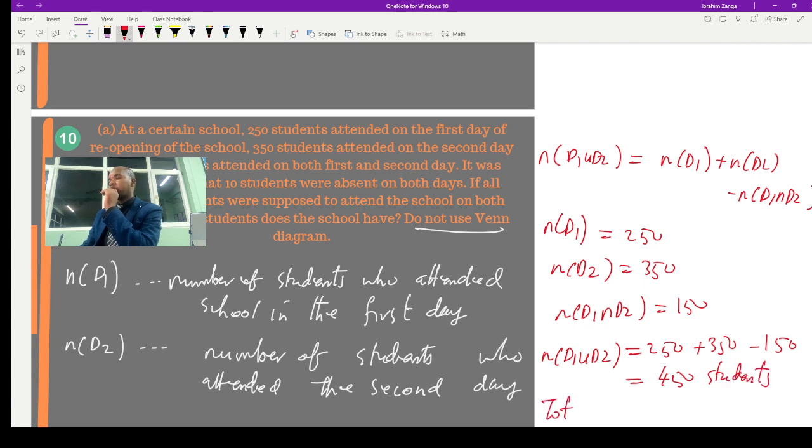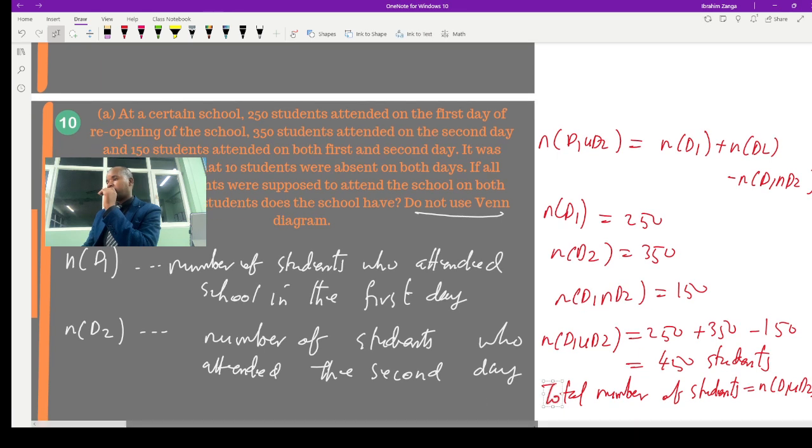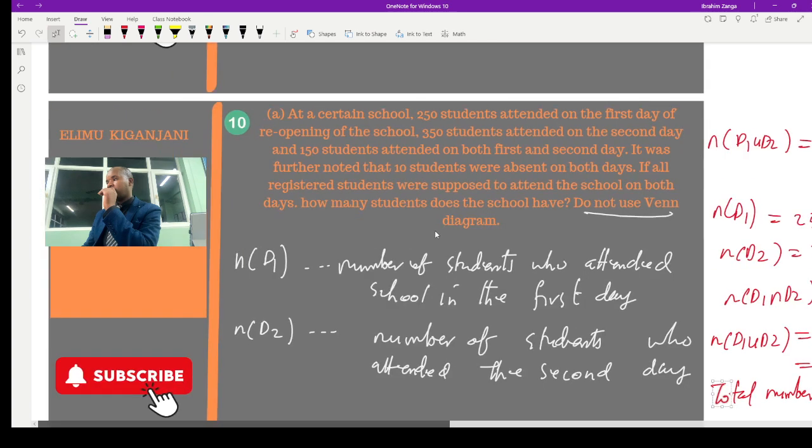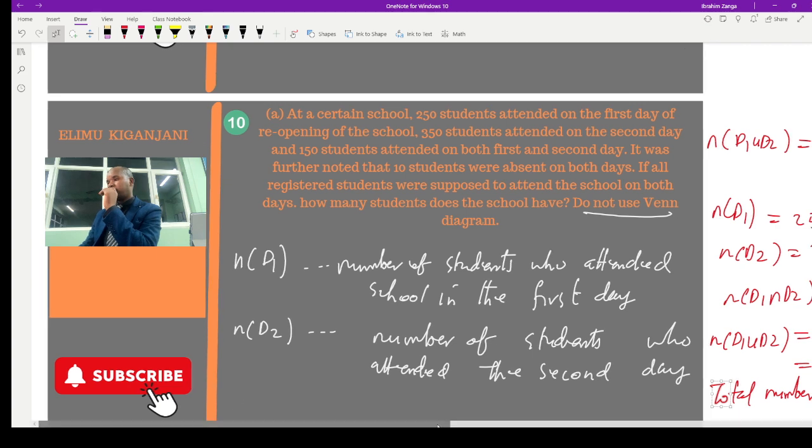So the total number of students will be taken now from this combination here. For the total number of students, you'll be taking the number of D1 union D2, and you're going to add the number of D1 union D2 complement.